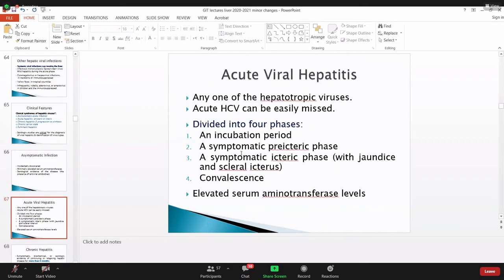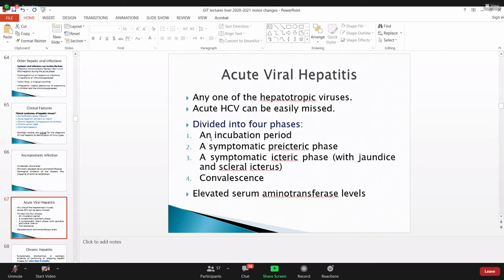Acute viral hepatitis, as we said, mainly occurs with hepatitis A virus. It can be any one of the hepatotropic viruses; acute hepatitis C virus can be easily missed. Well, A is usually the main one manifesting as acute viral hepatitis.